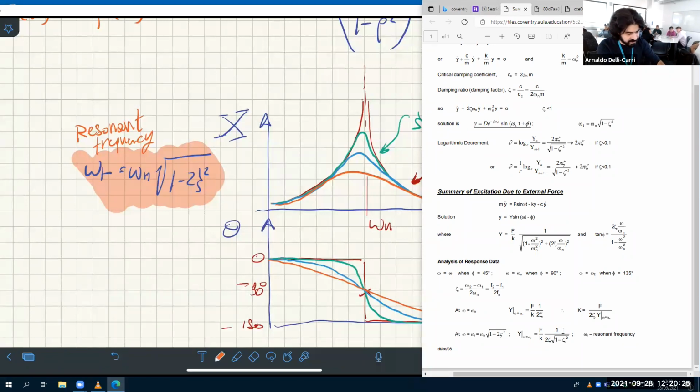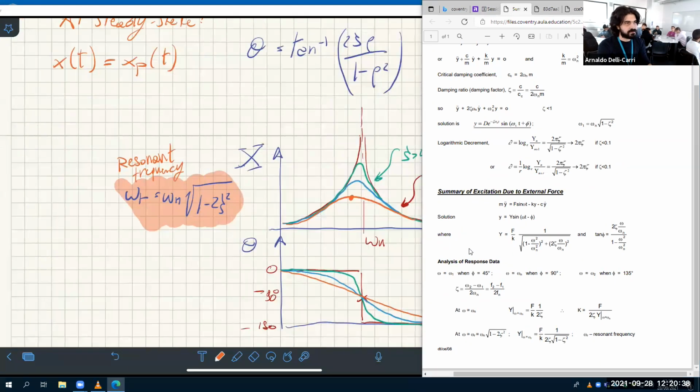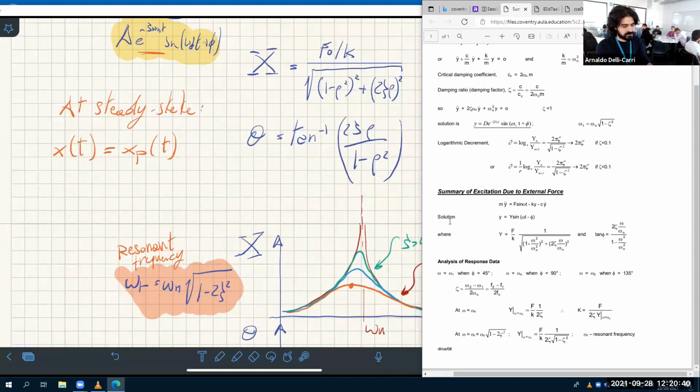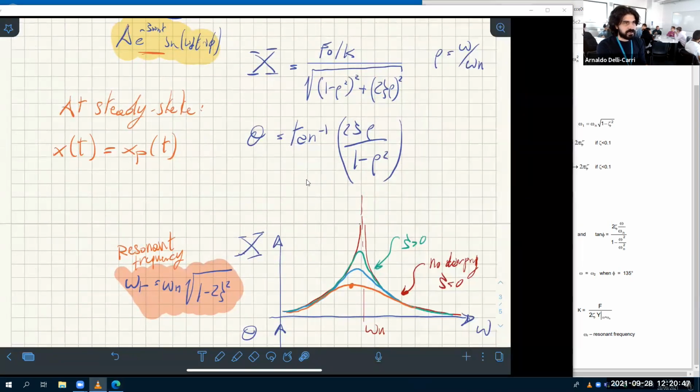So this peak here, this peak is always f over k divided by 2 zeta times square root of 1 minus zeta squared. Okay, you find it by just looking at this equation. See, you look at this equation. If omega is equal to this omega here, you have a maximum of this function. All right.